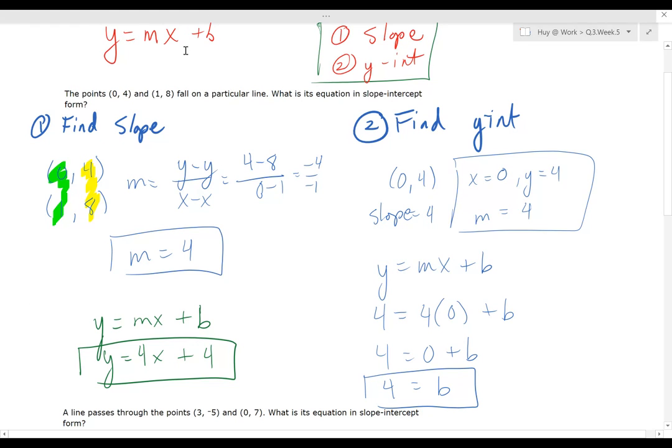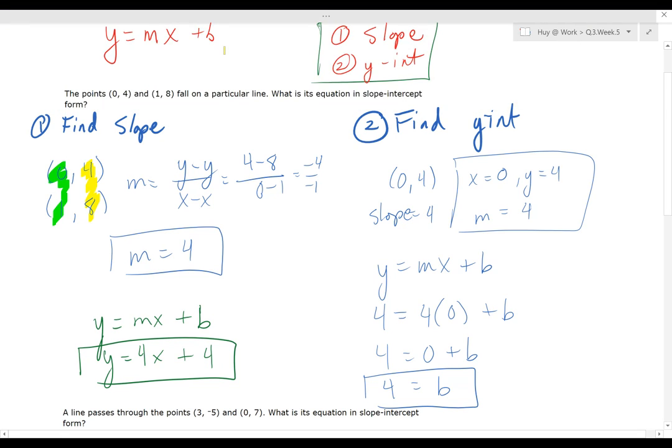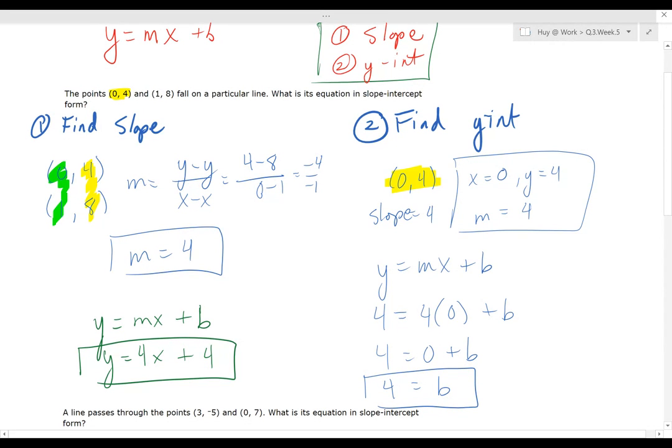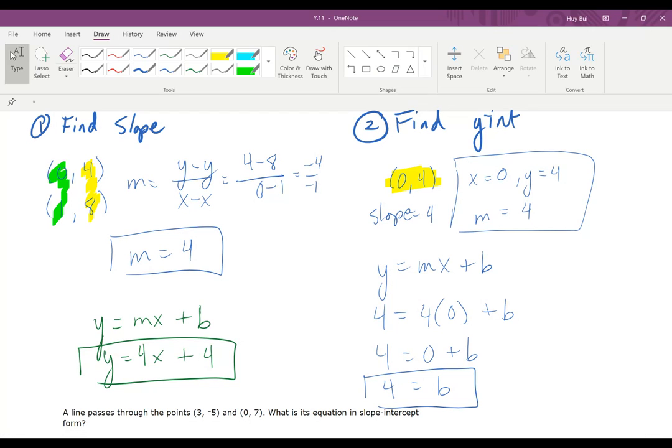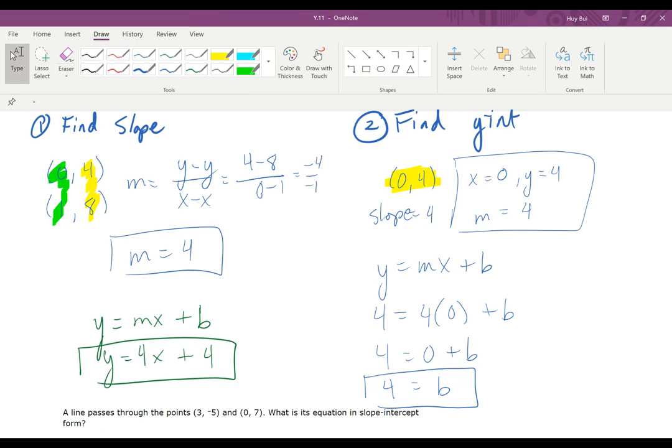All right. So for this very first example, I'm going to solve for the y-intercept 2 different ways, because we are given 2 points, and I used the first point there. Now I'm going to redo it using the second point, 1, 8.